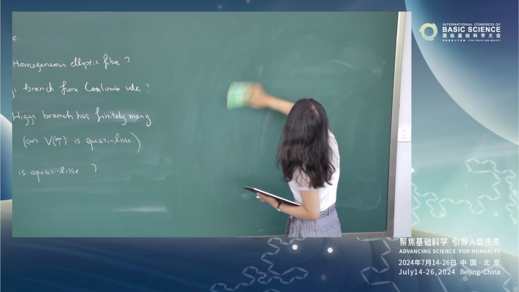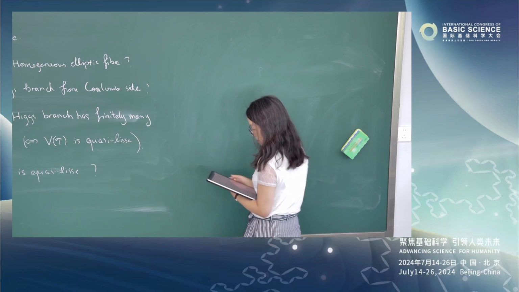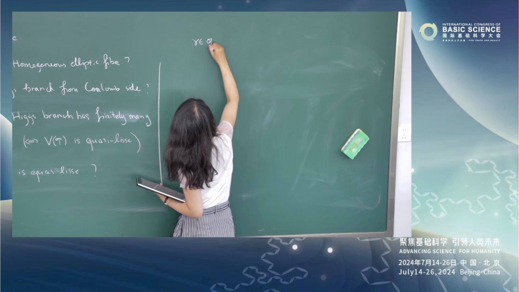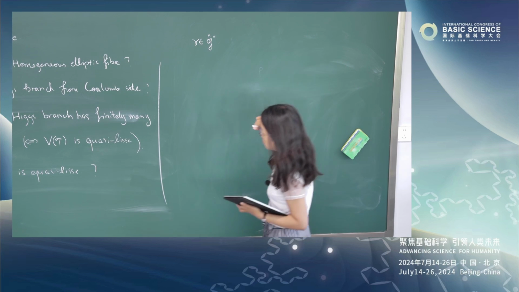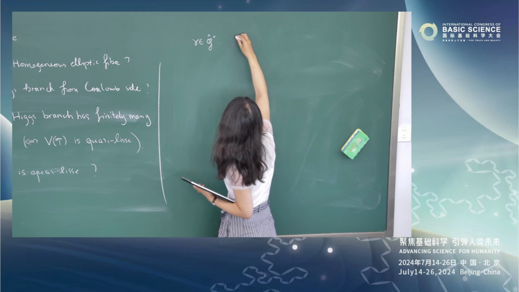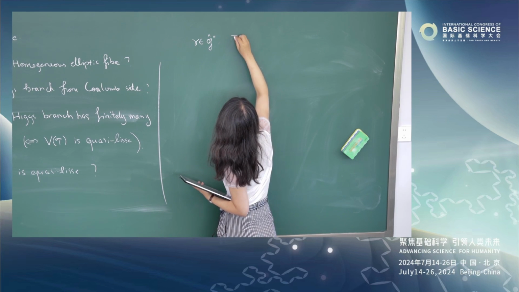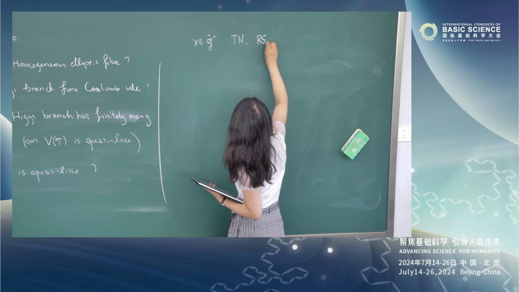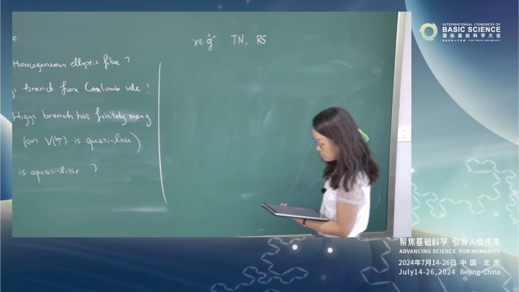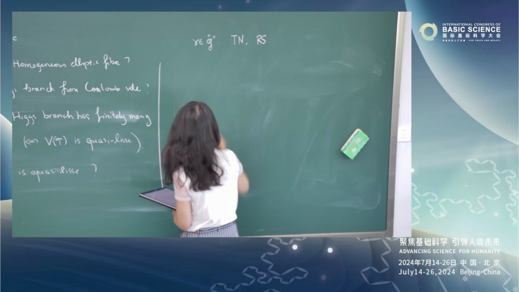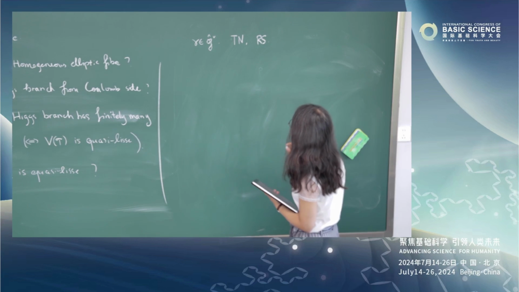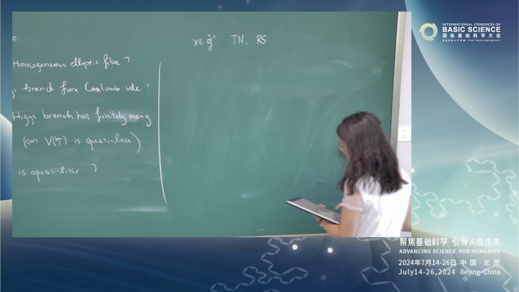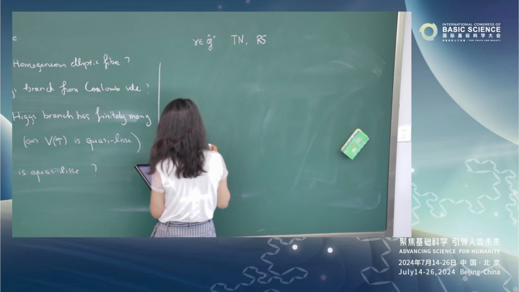So I want to first say a word about elliptic elements. In the theory of affine Springer fibers, we always like for the fiber to behave nicely, so we consider a so-called topologically nilpotent and regular semisimple element. I will not describe what topologically nilpotent means, but regular semisimple just means its centralizer is a Cartan subalgebra.